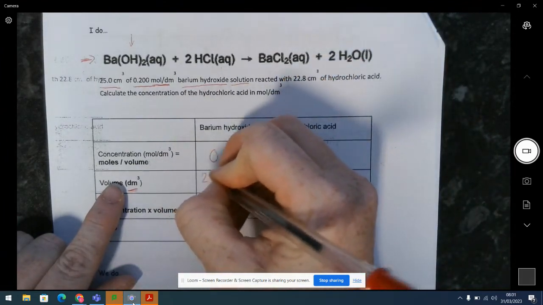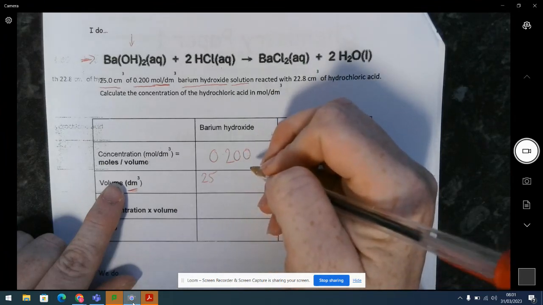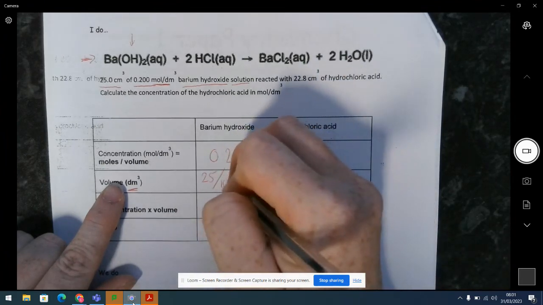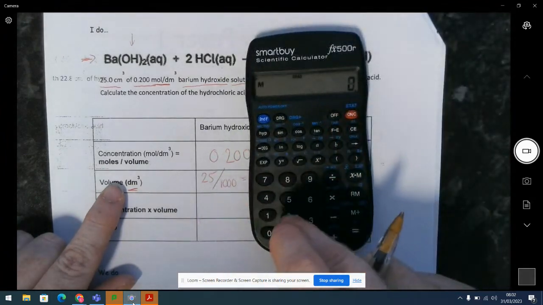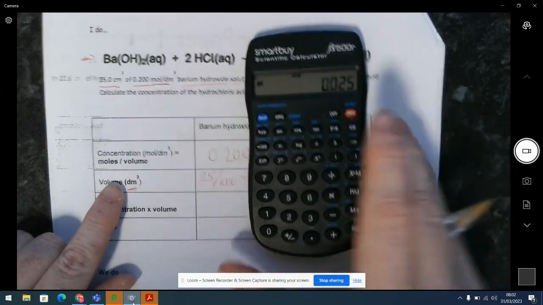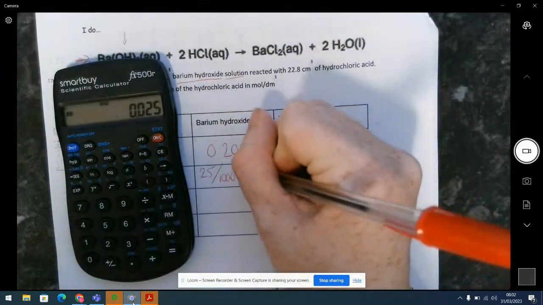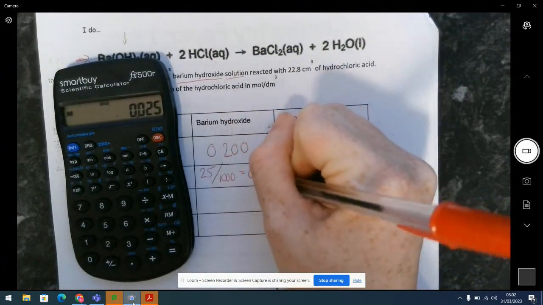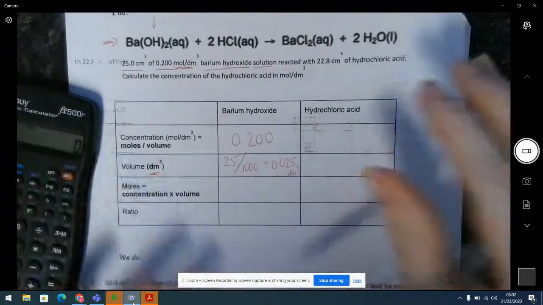So I have to convert 25 centimetres cubed into decimetres cubed, and we do that by dividing it by 1,000. So you get your calculator, you plug your numbers in, 25 divided by 1,000 gives me a value of 0.025 decimetres cubed.